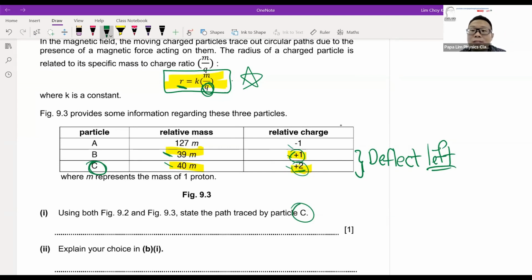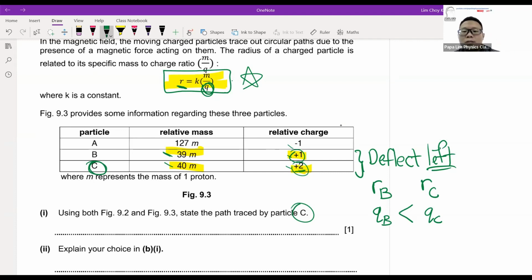In terms of denominator, C is actually double of B. So if I'm looking at radius of B and radius of C, my charge of B is actually smaller, by half, or to be exact, C is double of B.